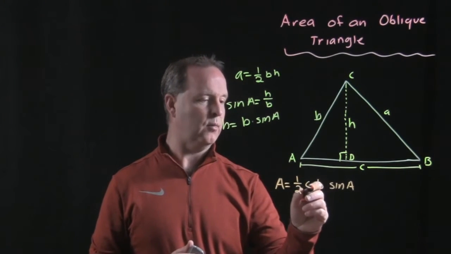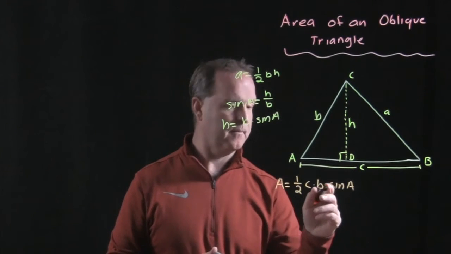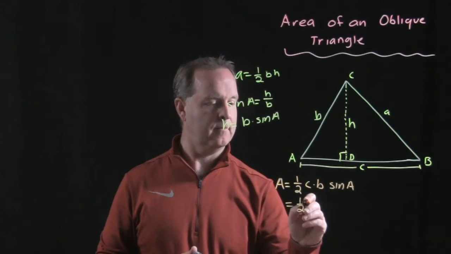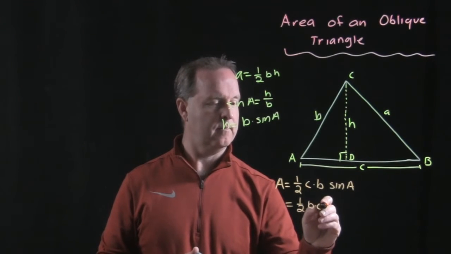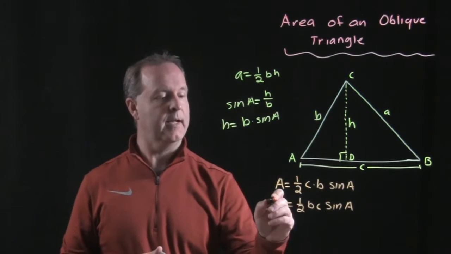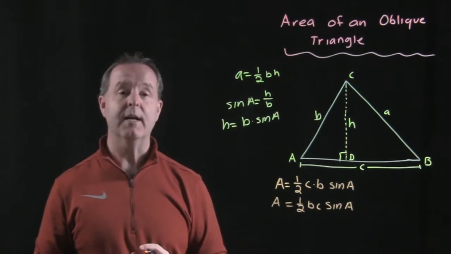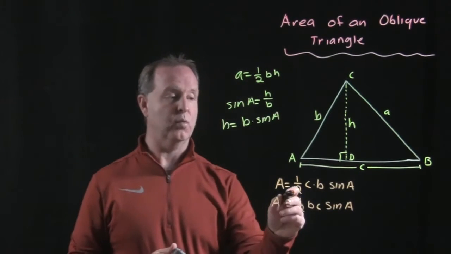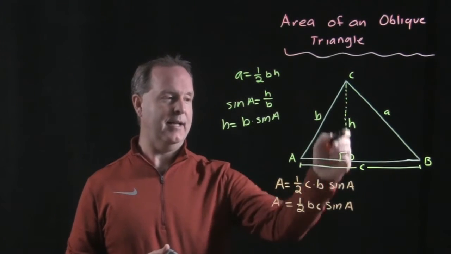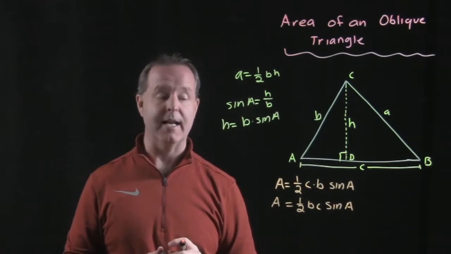So I'm going to rewrite it as b times c. And there we have it. The area of a triangle is 1/2 one side times the other side times the sine of A.